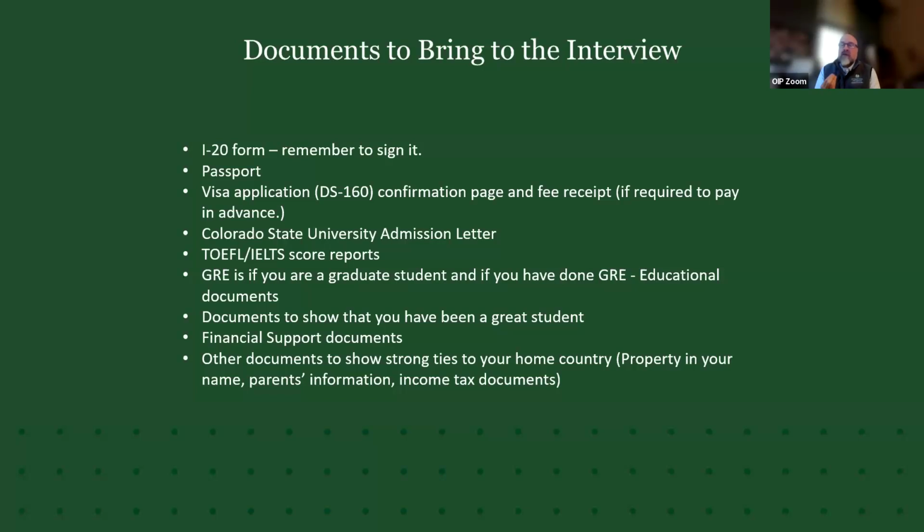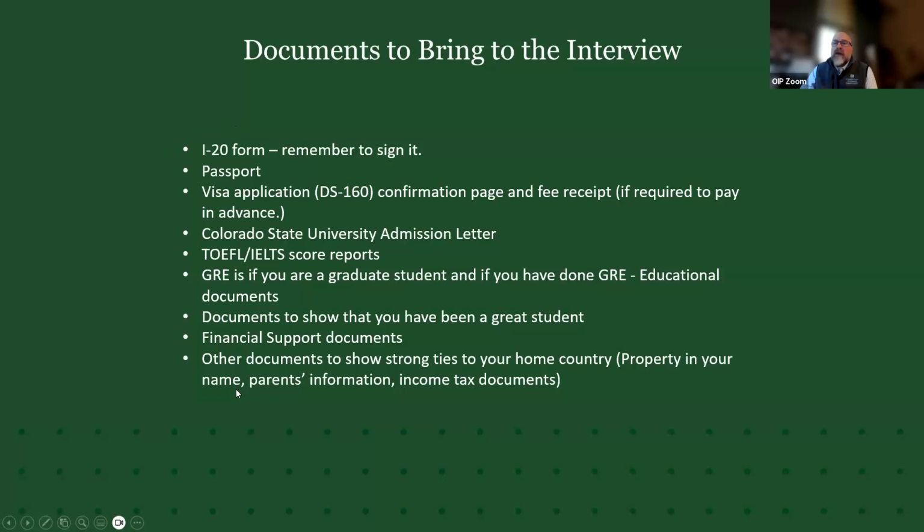But again, unless you're asked for it, and typically 9 times out of 10, or 99% of the time, you're probably not going to be asked for additional documents, it's important to have them in case they do ask you.